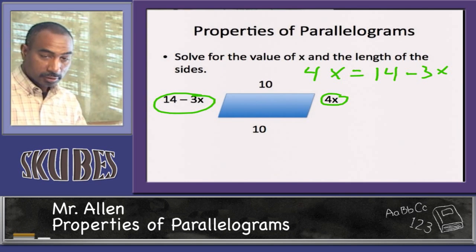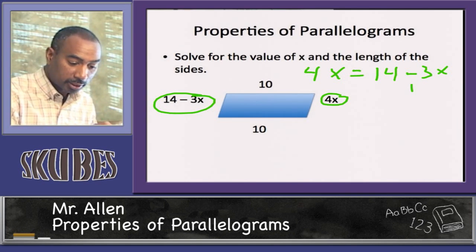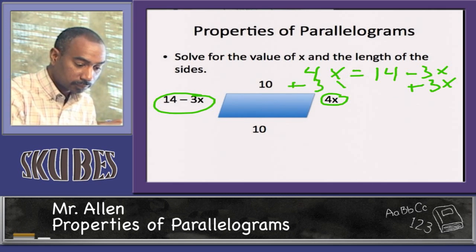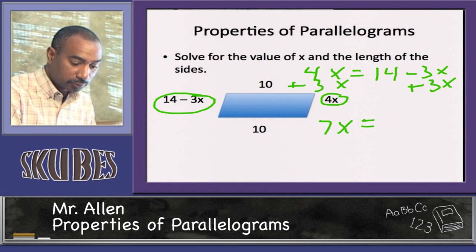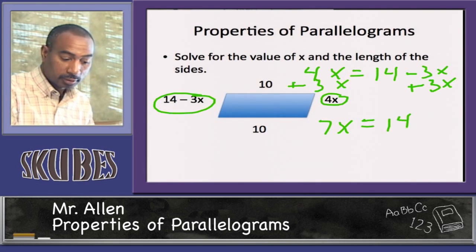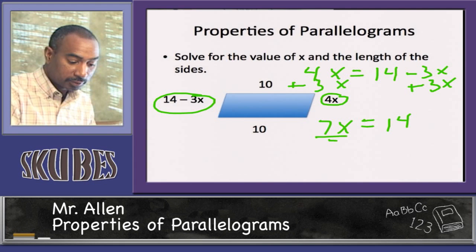So solving that, I would add 3x to both sides. So I get 7x equals 14. And dividing both sides by 7, I get x is 2.